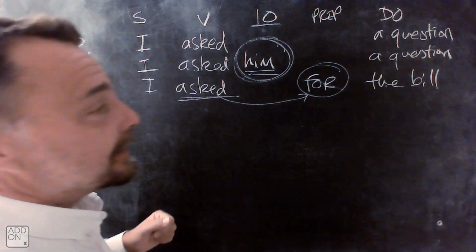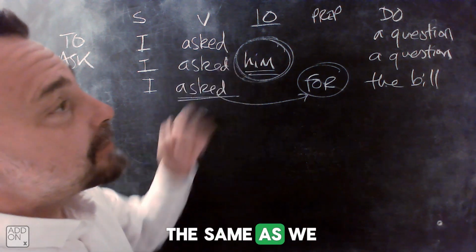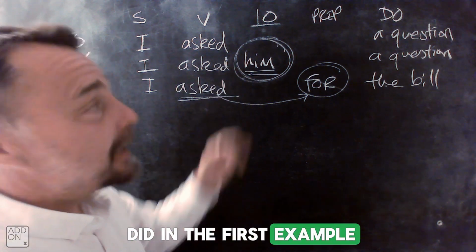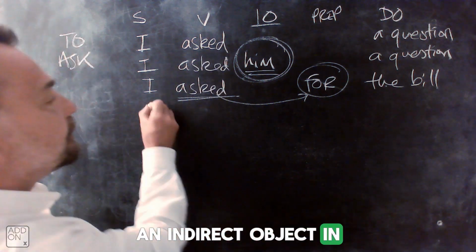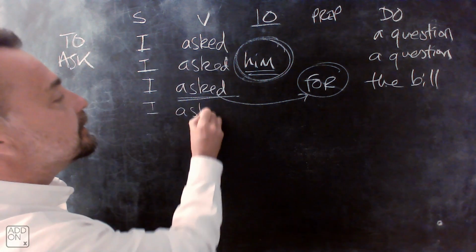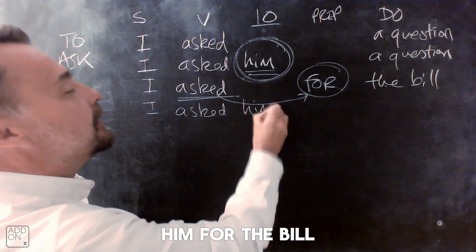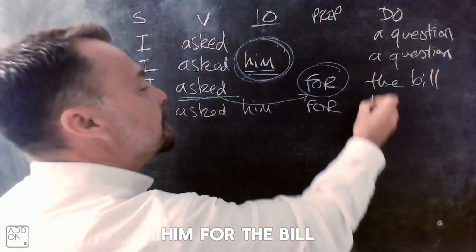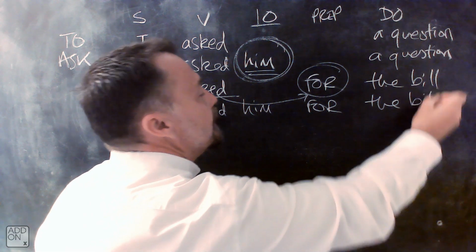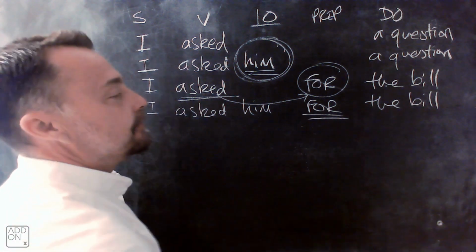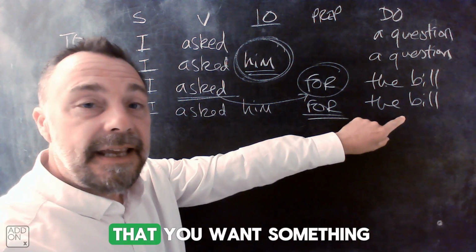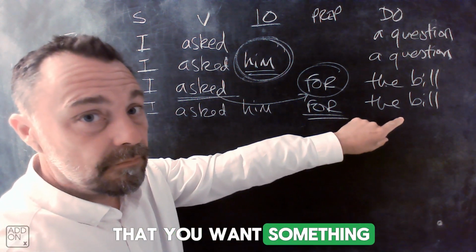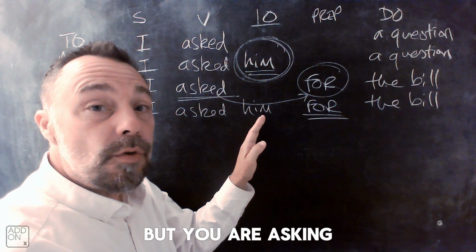Okay. Now, you can do the same as we did in the first example and put an object pronoun, an indirect object in the phrase. I asked him for the bill. For is the preposition indicating that you want something, but you are asking.